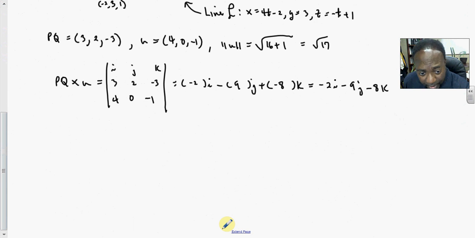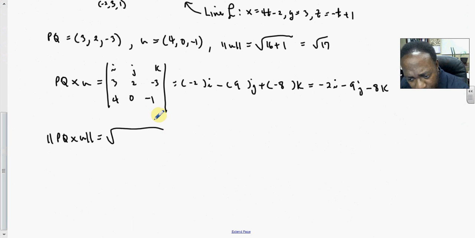Now you have to find its norm. So the norm of the cross product of PQ and U is the square root of -2 squared plus -9 squared plus -8 squared.